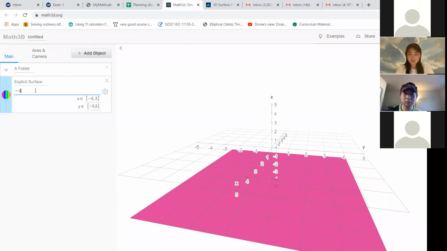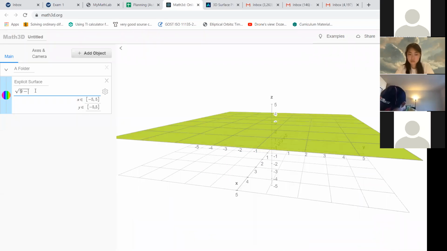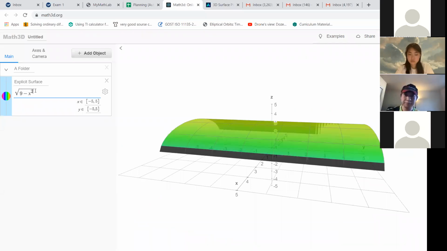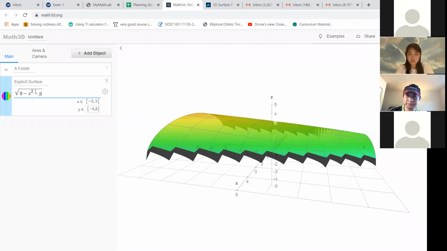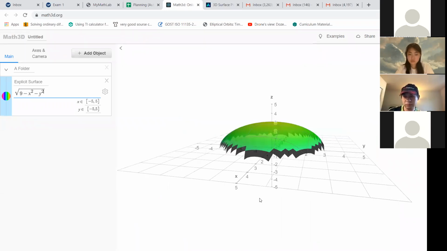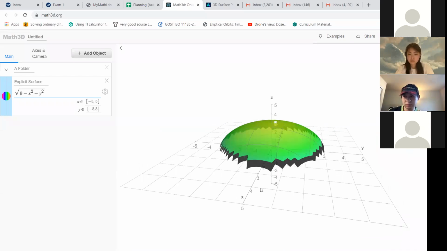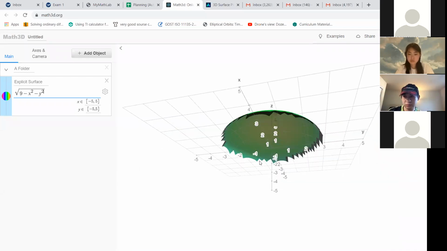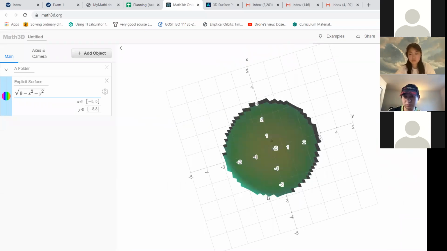On our website, we can just type this: 9 minus x squared minus y squared. Okay, so this is the graph of the function. And if we slice the graph of the function, we get circles.